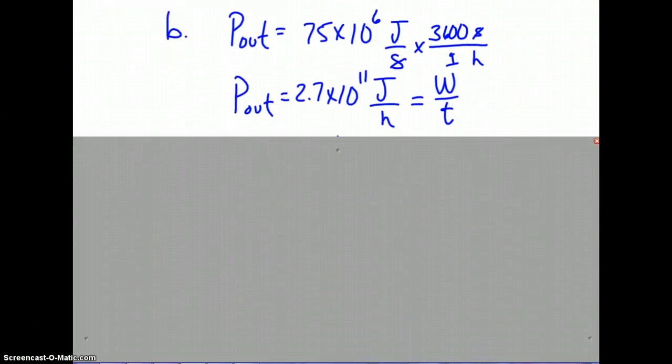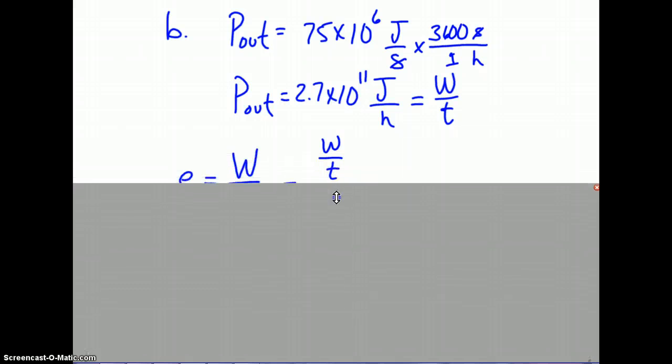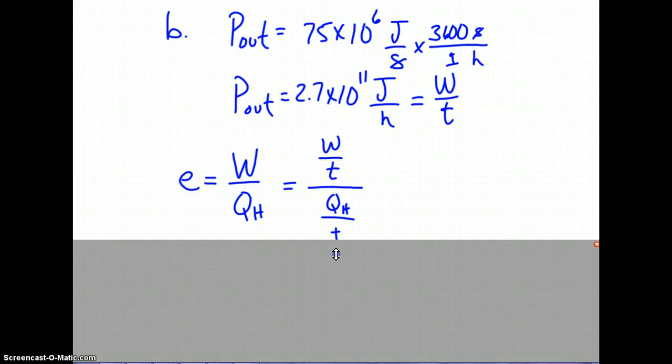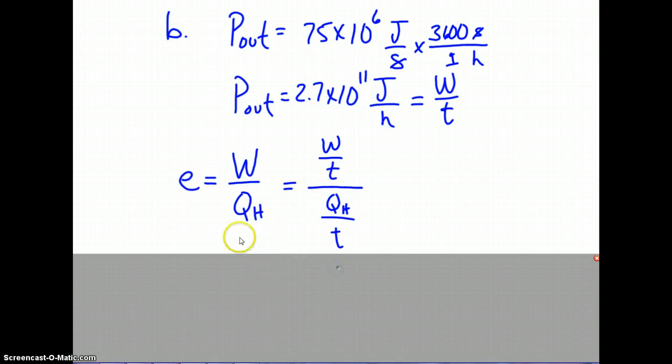Now, efficiency is work divided by heat absorbed. If we divide W by T and we also divide QH by T, we have not changed the efficiency equation. We're just including it as a rate of work versus a rate of energy absorbed. Note up here we have the rate of work.